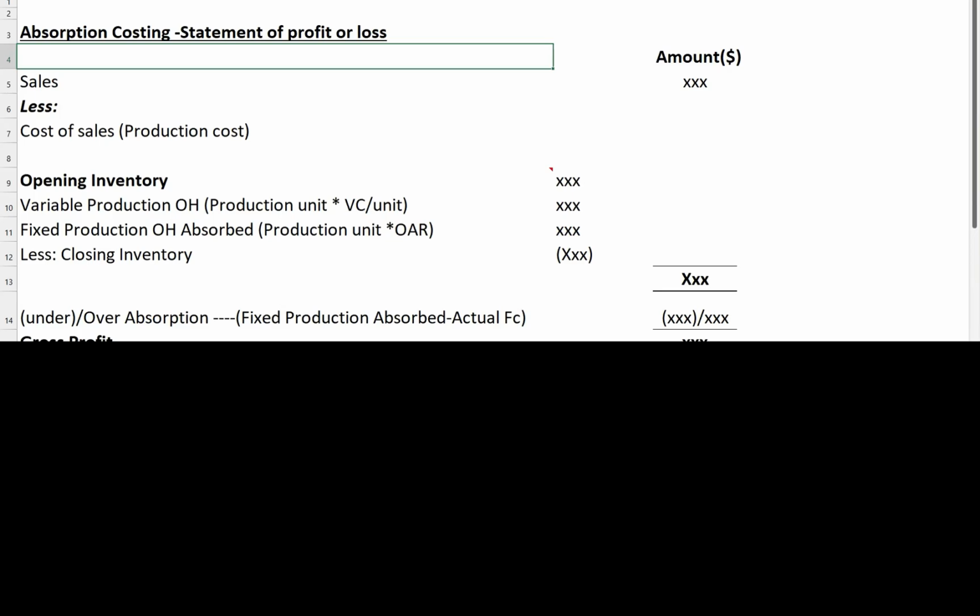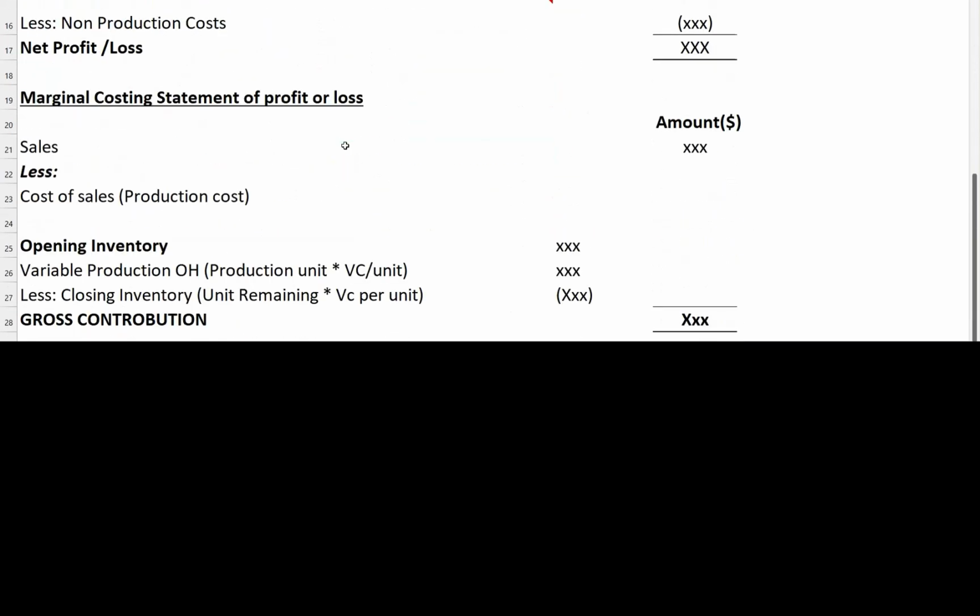And total production cost means full cost, that's fixed as well as variable. Right. Similarly, if I talk about the marginal costing, units are valued at marginal cost. Marginal cost means variable cost. Let me make a table for the same.